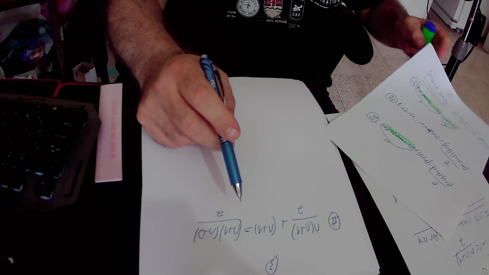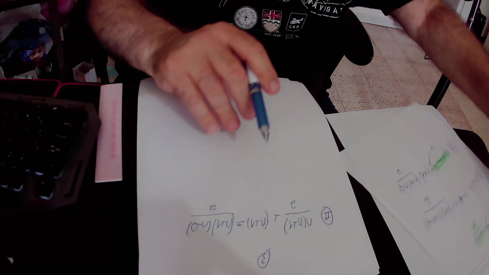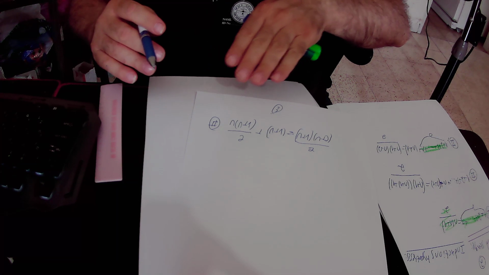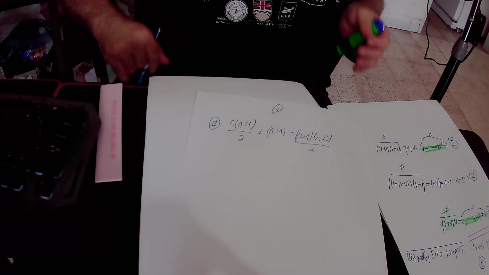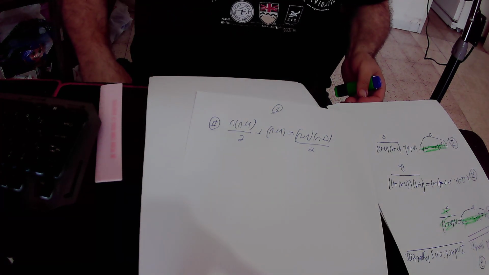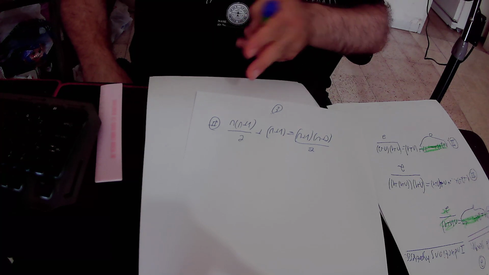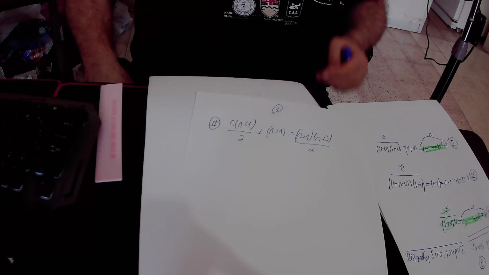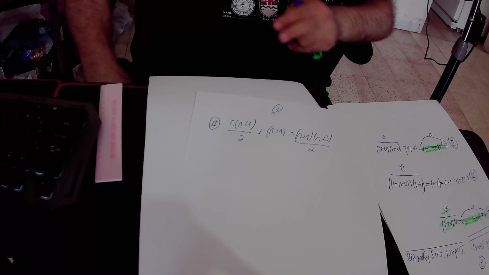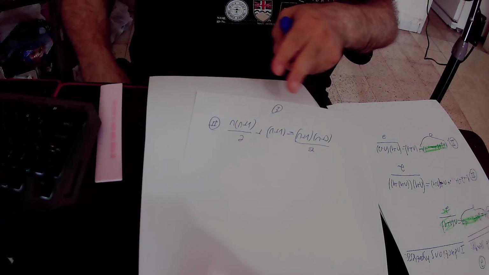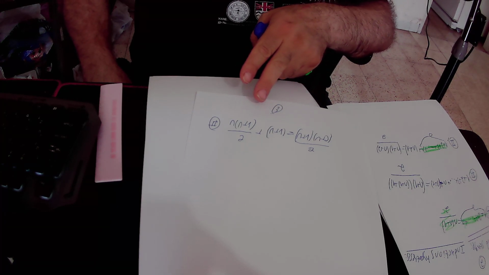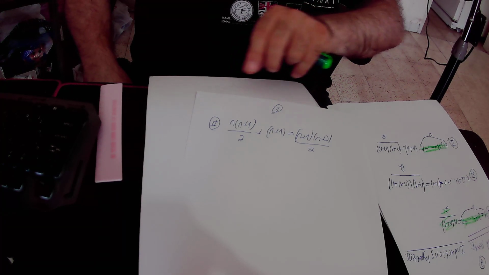So we will have to prove that this statement is true. Okay, so in order to prove that this statement for n plus 1 is true, we will divide both sides of the equation by n plus 1, because we have on both sides the expression n plus 1.